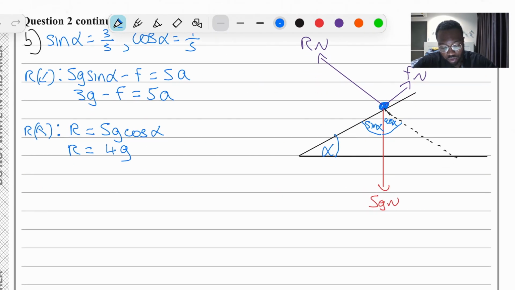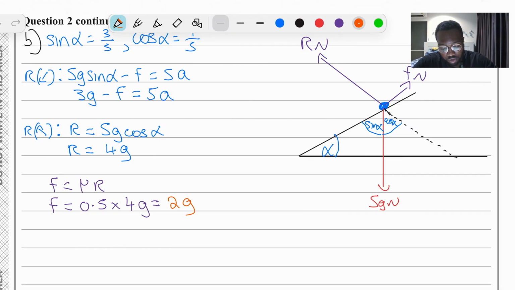So if we think about the equation quickly, the equation for friction is mu R, the coefficient of friction times the normal reaction. So the friction would be 0.5 times 4g, so we know that the friction is going to be 2g.